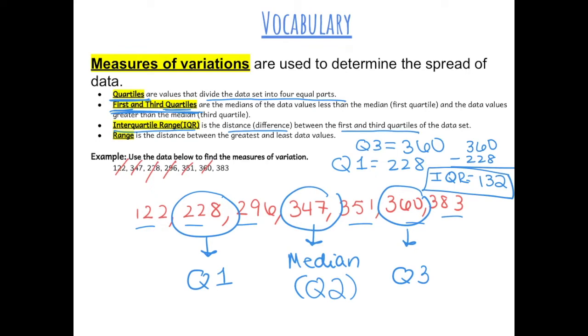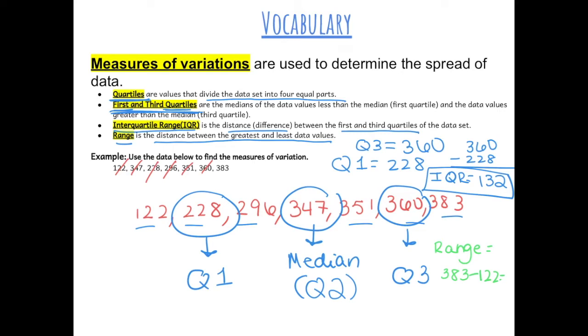The last measure of variation that we want to find is the range, which is just the distance between the greatest and least data values. So just the difference between the largest and the smallest number in the whole set of data. So the range is 383, because that's the largest number in the set, minus 122, because that's the smallest number in the set.